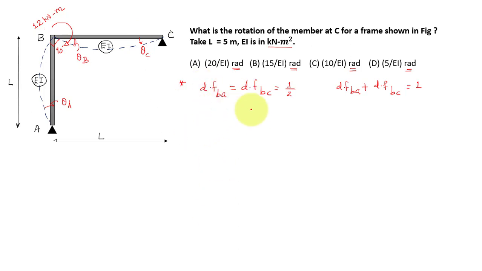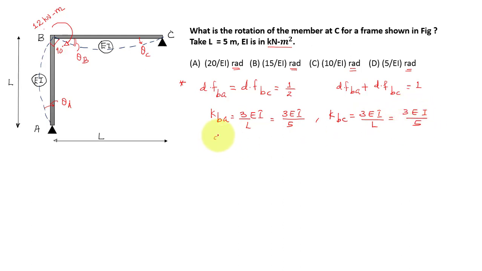But I will write how to get this value, we will derive. You can find the stiffness of member BA. The far end is a simple support or pinned, so the stiffness will be 3 times EI by L, that is 3 EI by 5. Similarly, the stiffness of BC is also 3 times EI by 5.